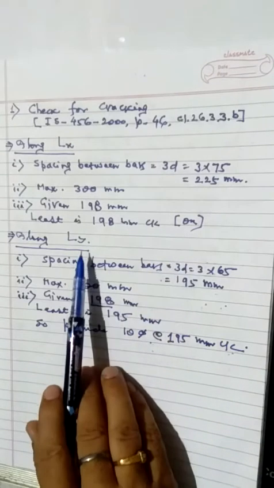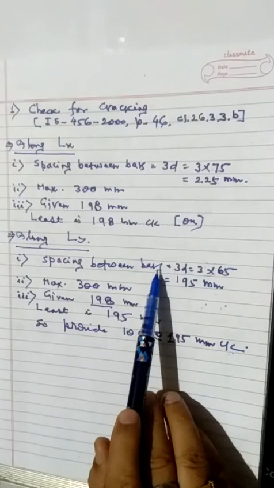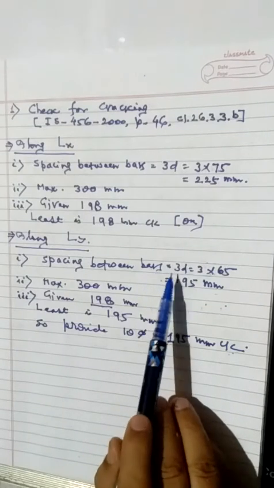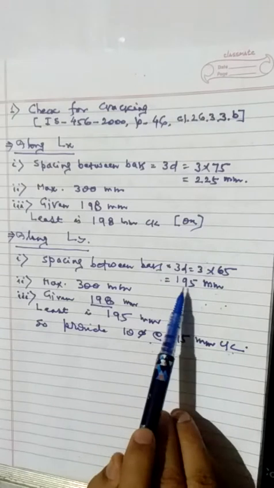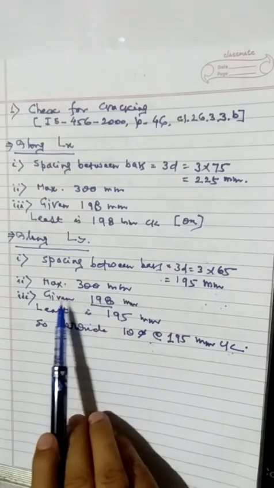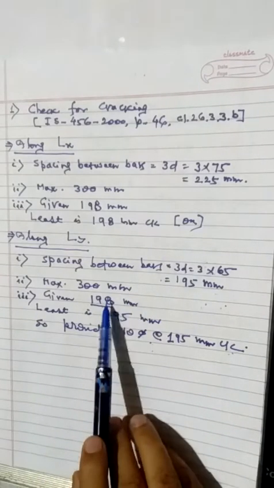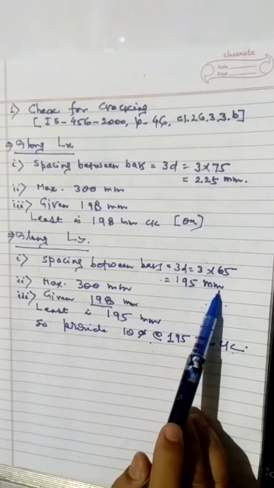Now along the longer span, the spacing between bars, since it is also a main bar, is 3d, 3 into 65, 195 mm, and maximum 300 mm. Given is 198 again. So out of these three, the smallest is 195 mm.